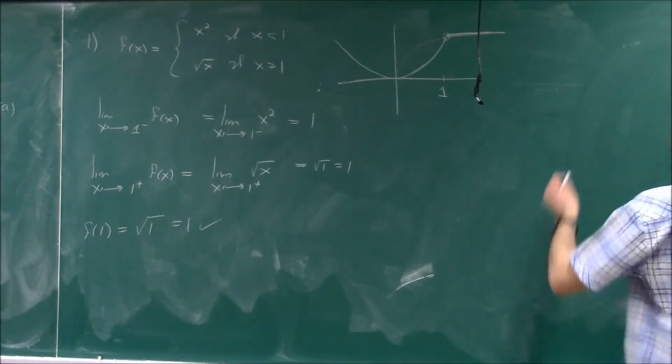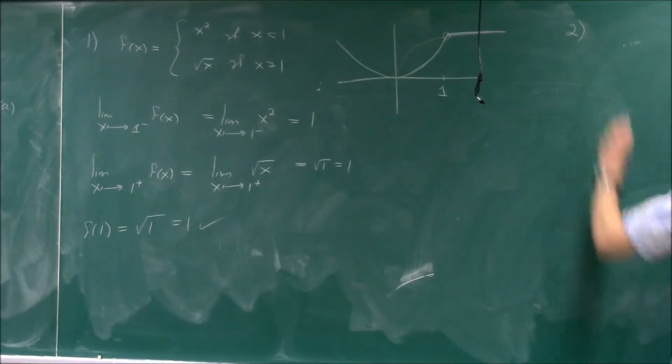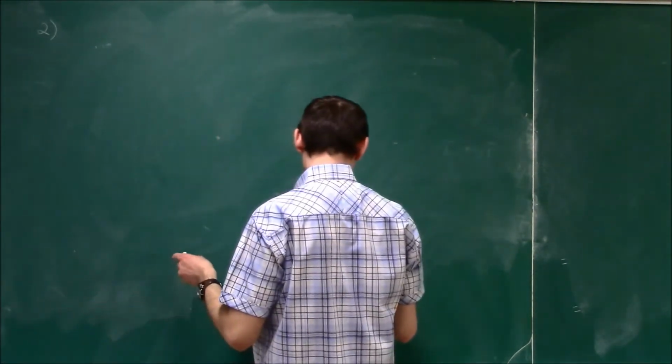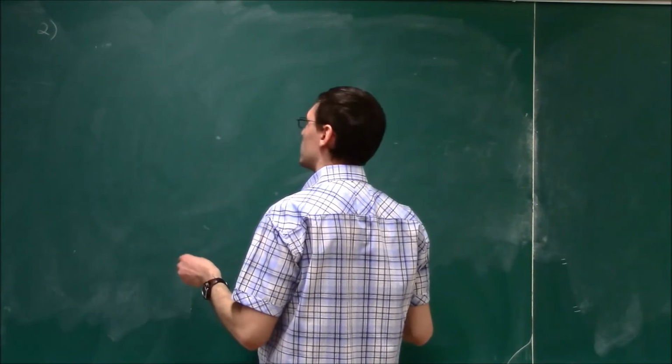All right, let's look at another example. So the other example is, let's say we have a piecewise function and we want to force it to be continuous.